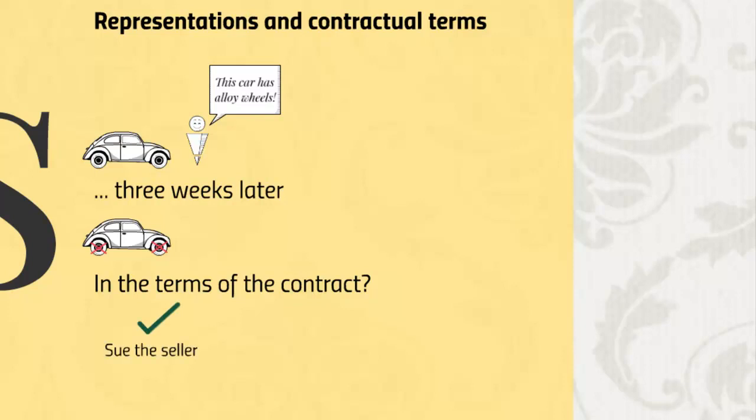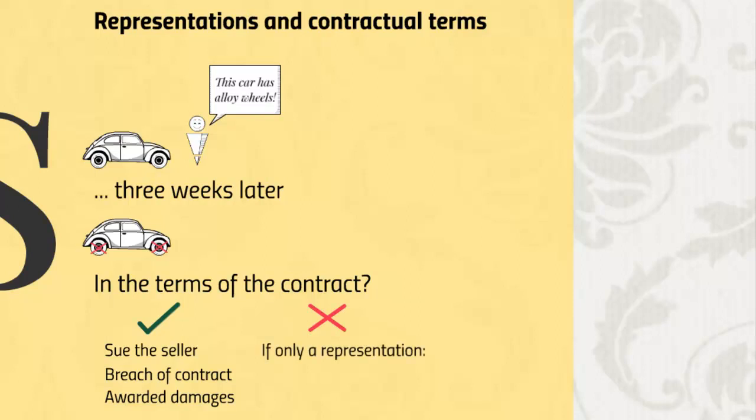If it is, you should be able to sue the seller for breach of the original contract, and then you will be awarded damages. However, if the alloy wheels were not in the terms of your contract and they were only a representation in the contract, then you would be less likely to receive compensation. Oh no, it's a terrible bind.